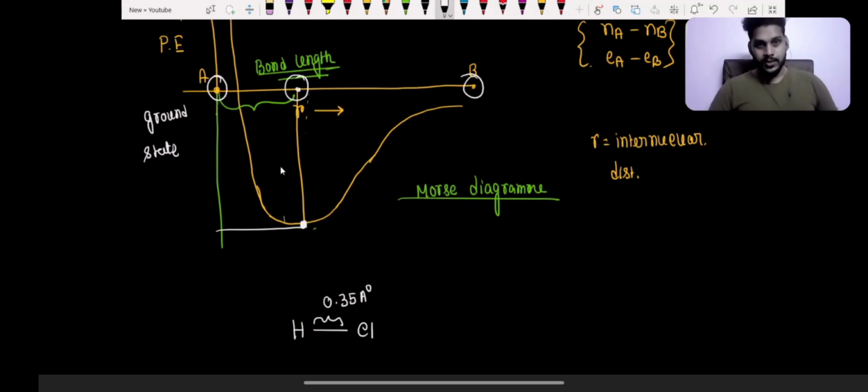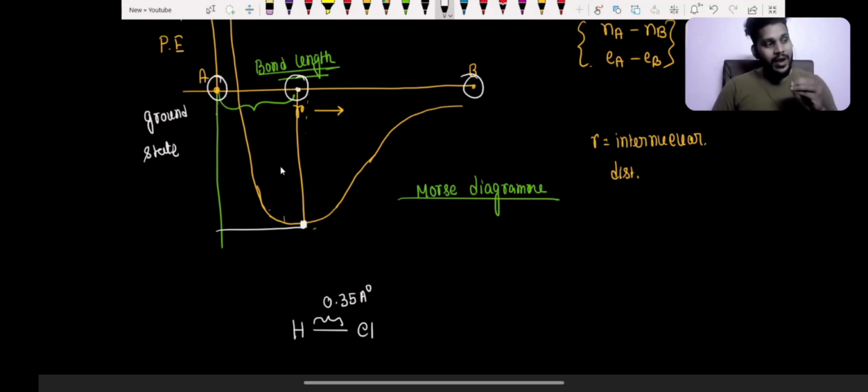The truth is, whenever a molecule is at its minimum energy level, it still has some vibrational, translational, and rotational energy within itself. So the system is never really at the bottom of the well.